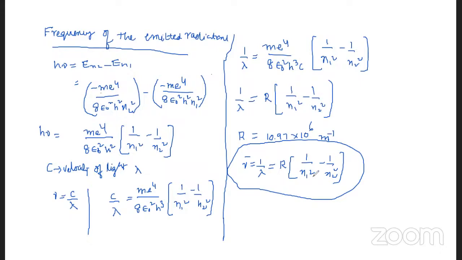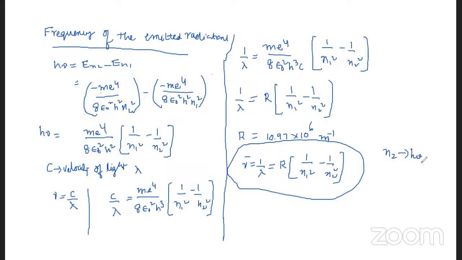So this is the equation or expression for the wave number of radiation emitted by the electron when it is jumping from n2 orbit to n1 orbit. Here n2 is the higher energy level, and n1 is the lower orbit.